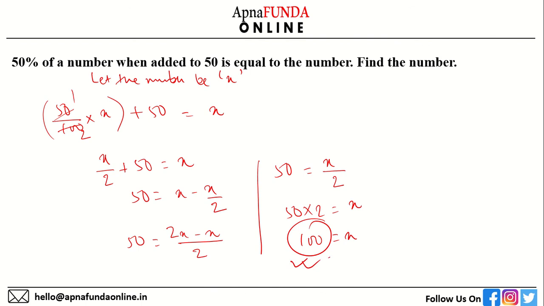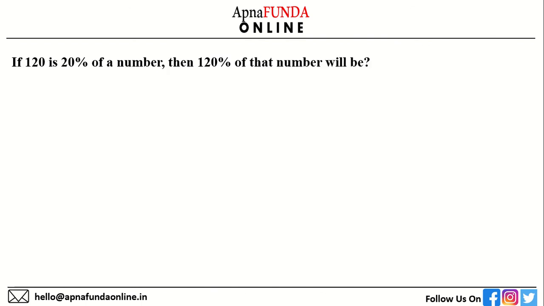I hope you have solved along with me and you have also got this answer. Next question. If 120% is 20% of a number, then 120% of that number will be. So let the number be x.